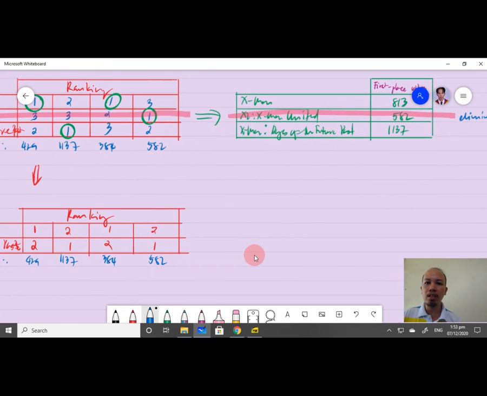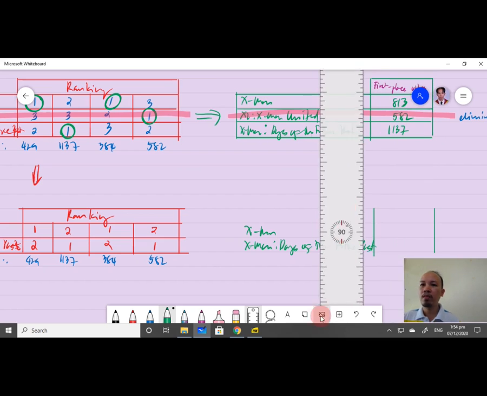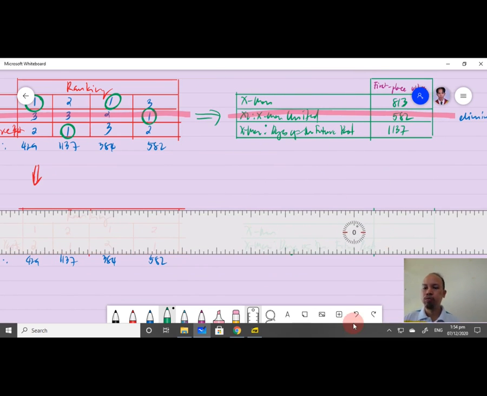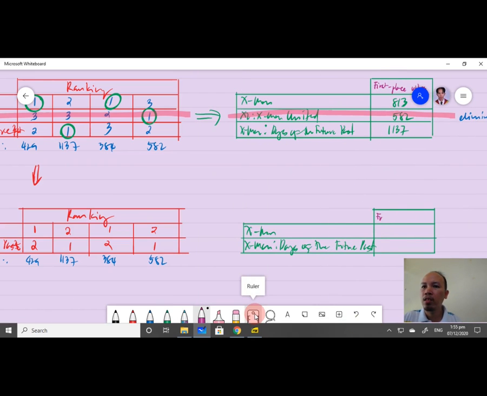Finally, we are almost done. Let's make this one X-Men, and then X-Men Days of the Future Past, the first place votes.